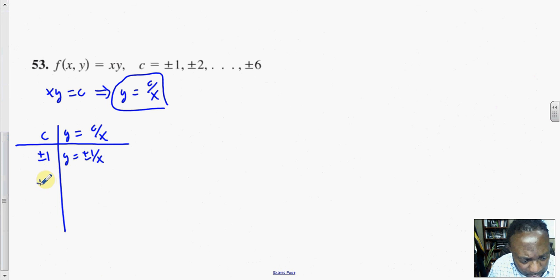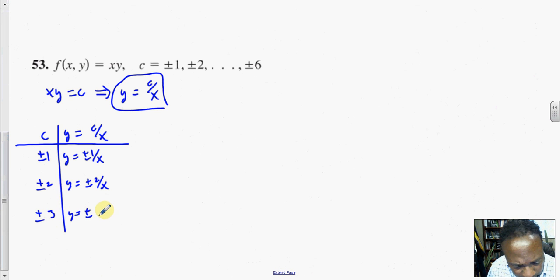When c is plus or minus 2, y is plus or minus 2 over x. When c is plus or minus 3, y is plus or minus 3 over x. You'll get the idea when we look at the graph. So y is plus or minus 6 all over x.